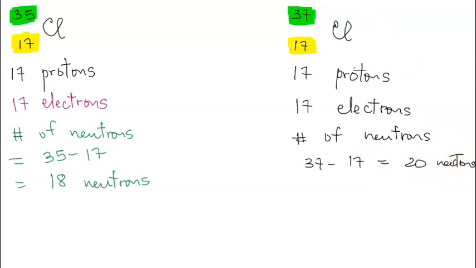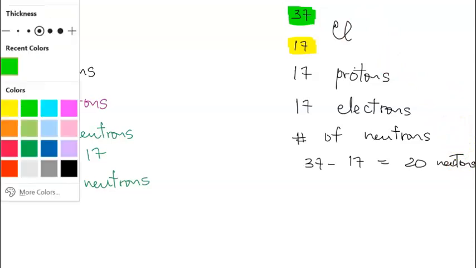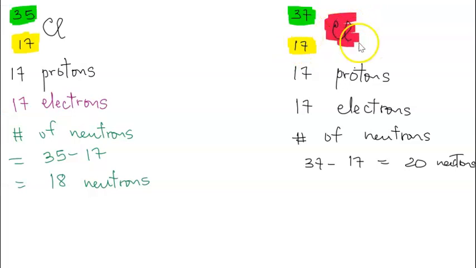If you notice, the element is the same. So the element is chlorine, so same element, but what is different about this is the mass number.